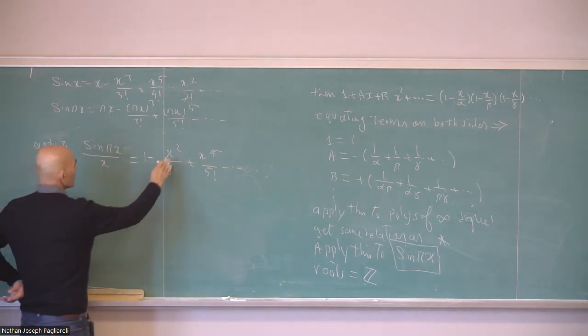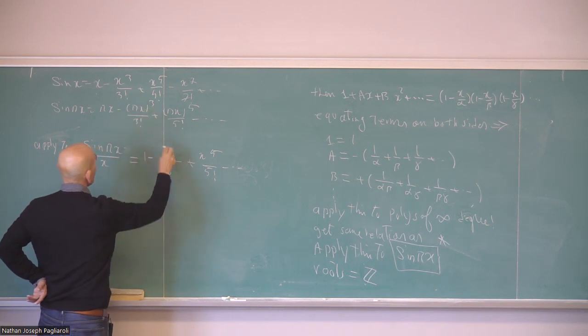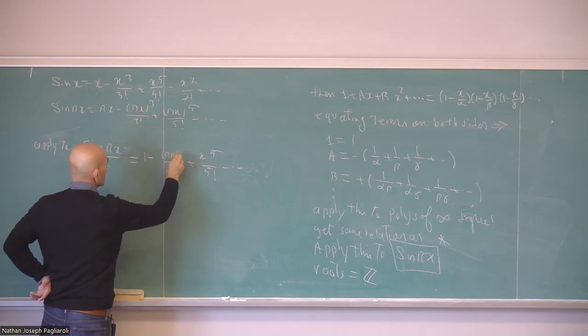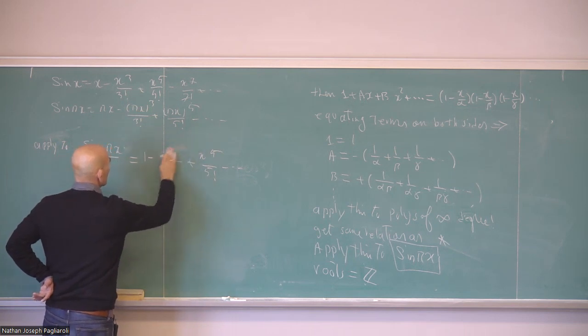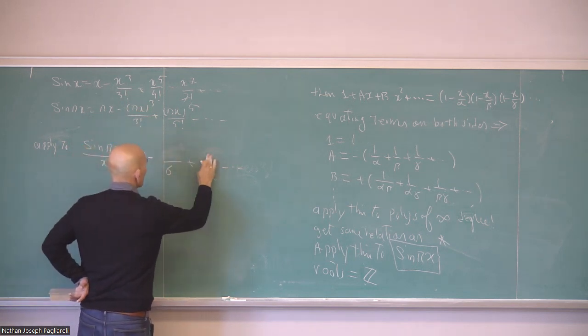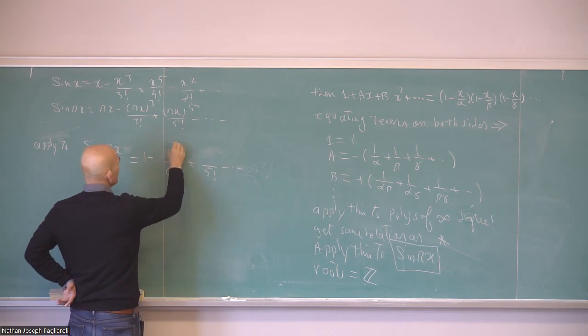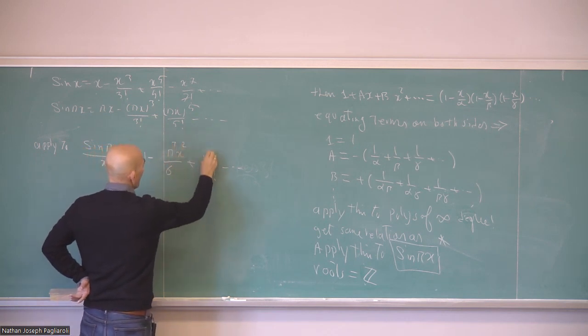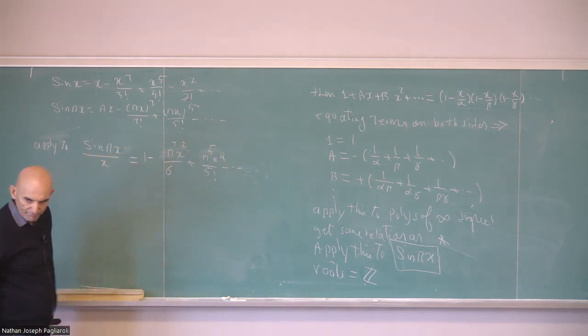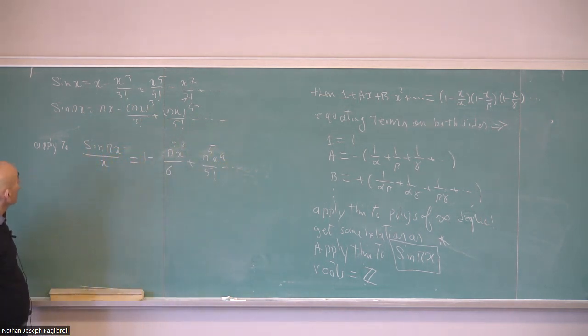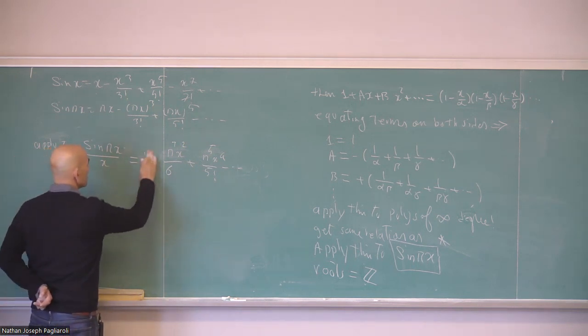Oh, yes, of course. I did all the work here, but then I just discarded it. That's terrible. Okay, so I have to write it separately. So this is going to be pi^3 x^2, pi^5 x^4, and so on, right? And 1 is a pi, yes.